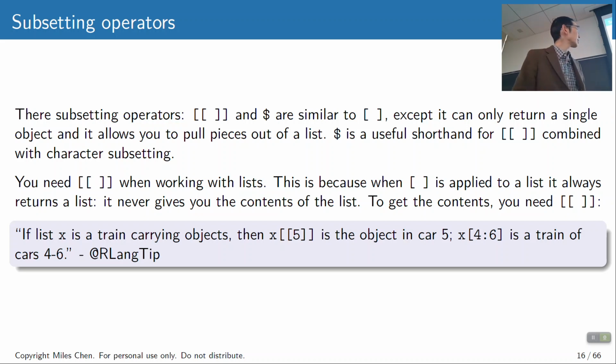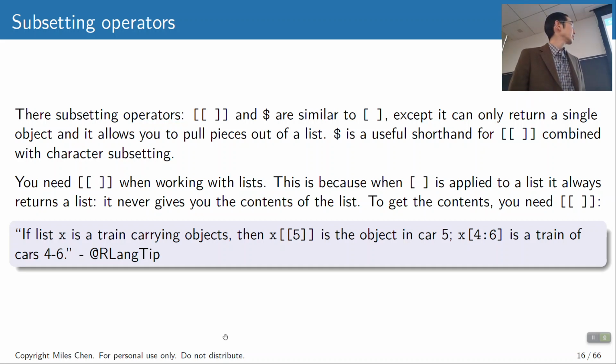One way to think about this is you can think of a list as a train, right? Inside each box of the train, you have different objects within each train car.